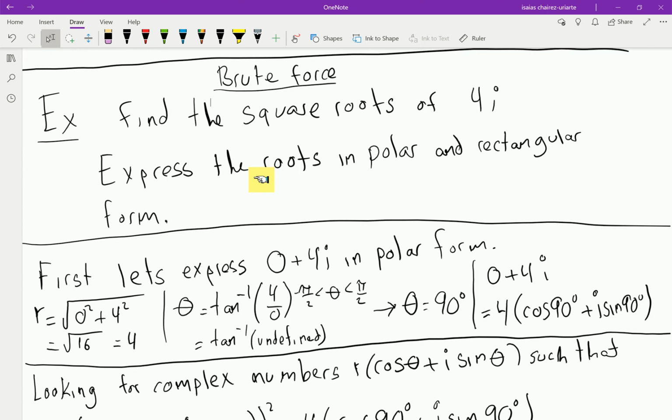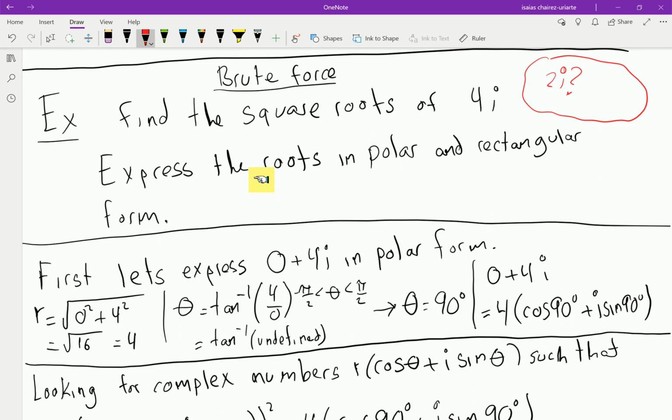I guess my first thought is, is it going to be 2i? Well, 2i times 2i is -4, which is not quite 4i. So I have to find the square root.